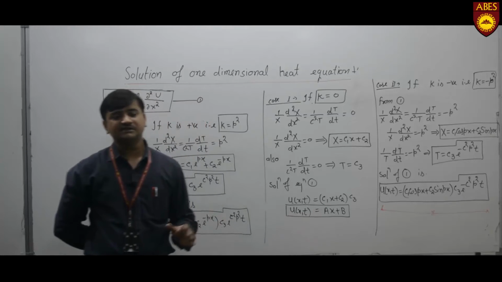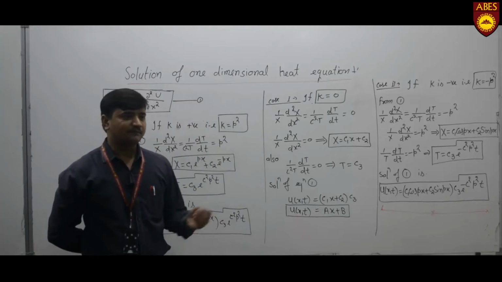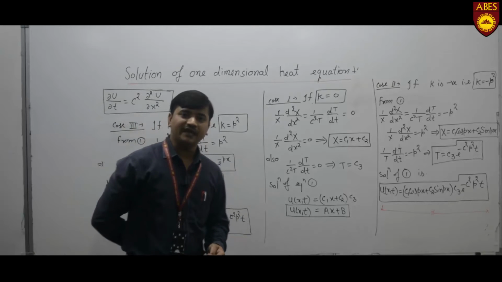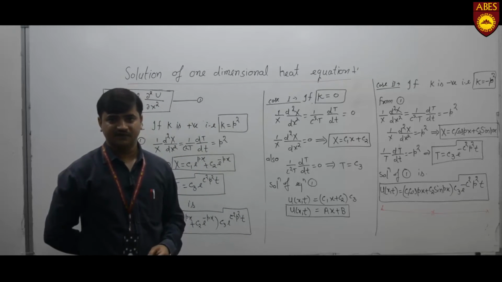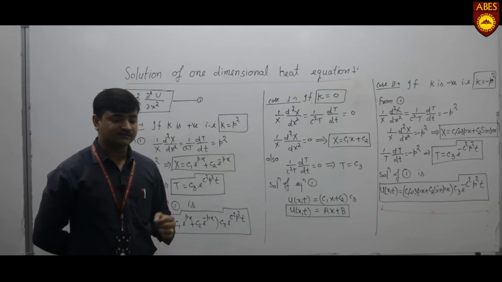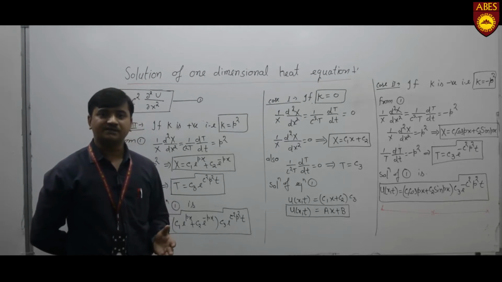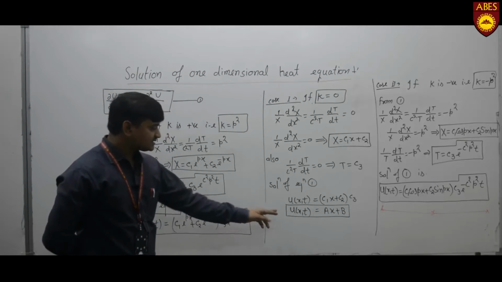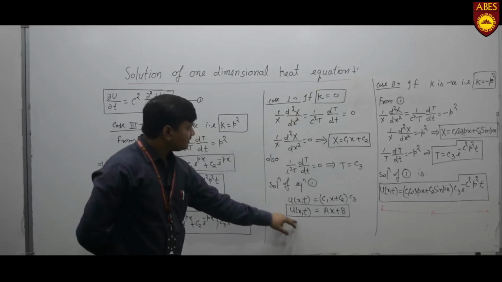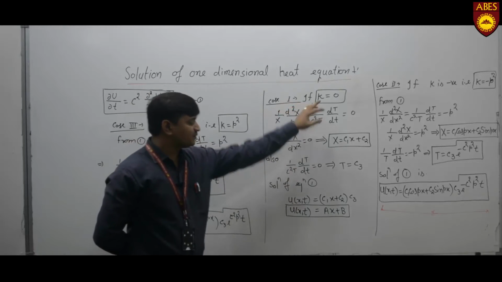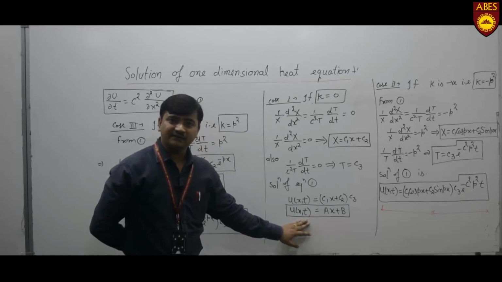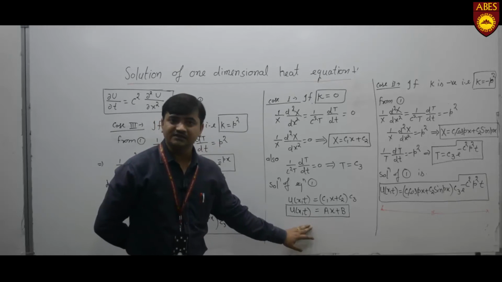Whenever the temperature is not a function of time, the temperature of the body is not changing with respect to time, and it is taken as the steady state, because the steady state is the state at which the temperature stops varying with respect to time. Hence this solution corresponding to case number 1, that is k equals 0, will be taken as the solution of the one-dimensional heat equation in steady state.